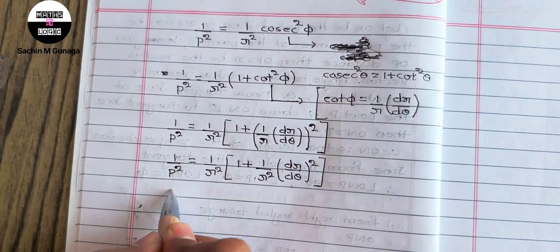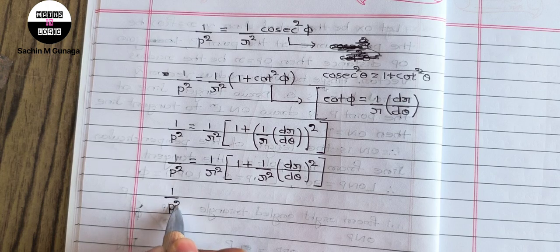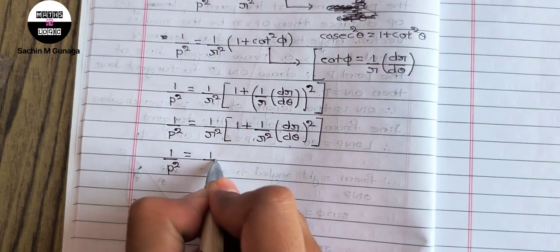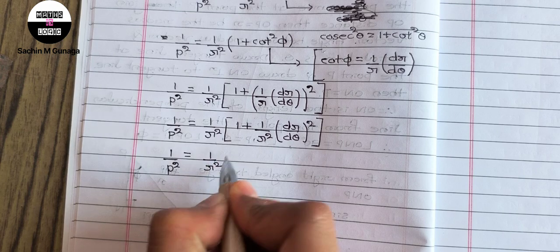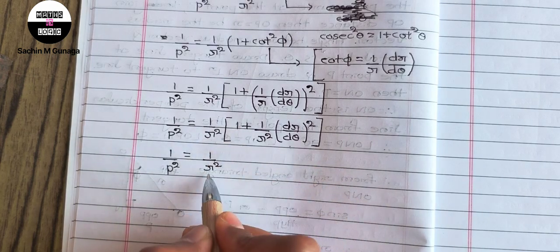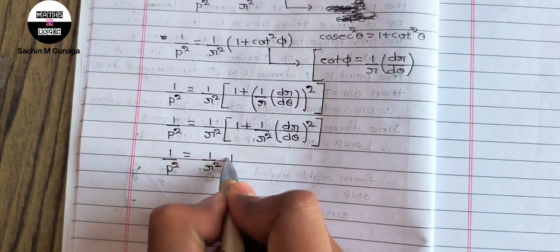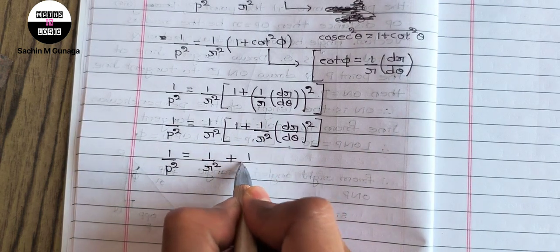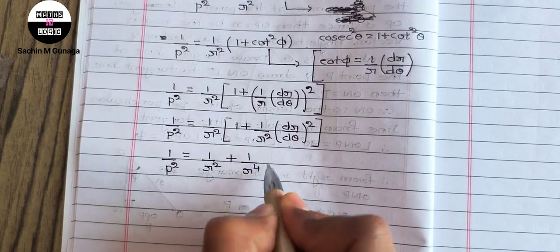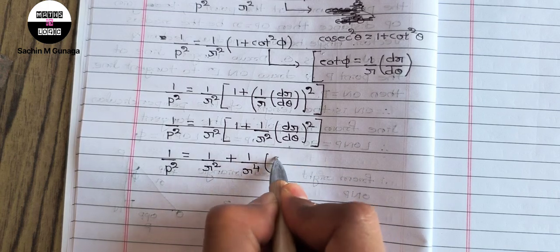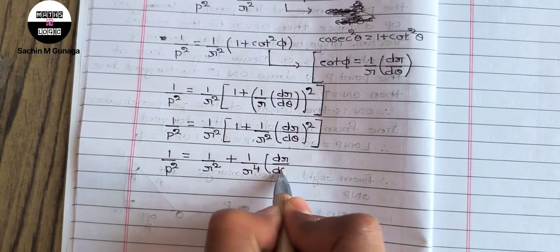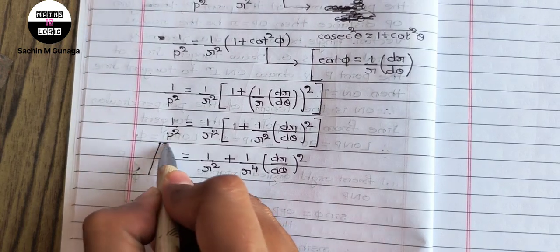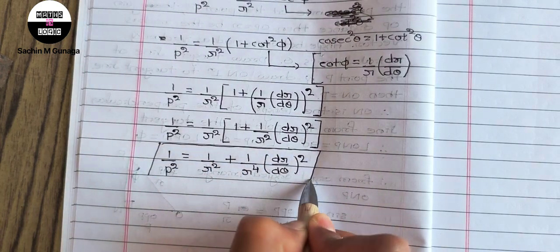Next open the bracket. Therefore 1 divided by p square is equals to 1 divided by r square into 1 is 1 divided by r square, plus 1 divided by r square into 1 divided by r square is 1 divided by r raised to 4 into dr divided by d theta whole bracket square.